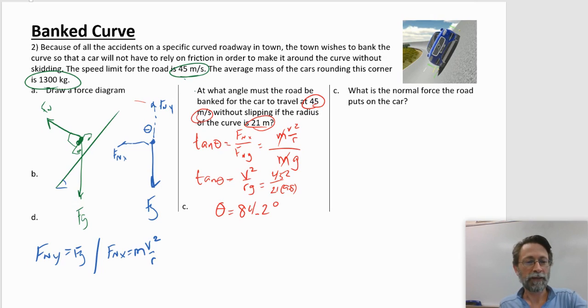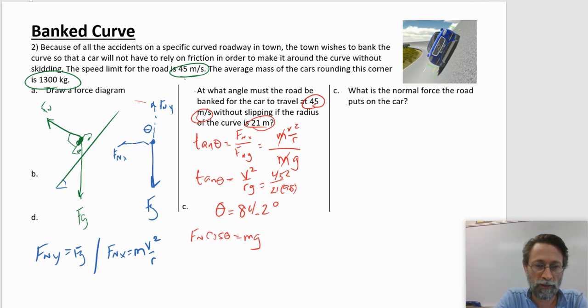Now, just to go back to what I was saying earlier, in order to solve these, I could look at this and say, well, Fn times, since this is the y, it's adjacent, it's going to be the cosine of theta is equal to mg. And over here, I'm going to say that Fn times the sine of theta is equal to mv squared over r. And if I solve this for Fn, Fn is equal to mg over the cosine of theta.